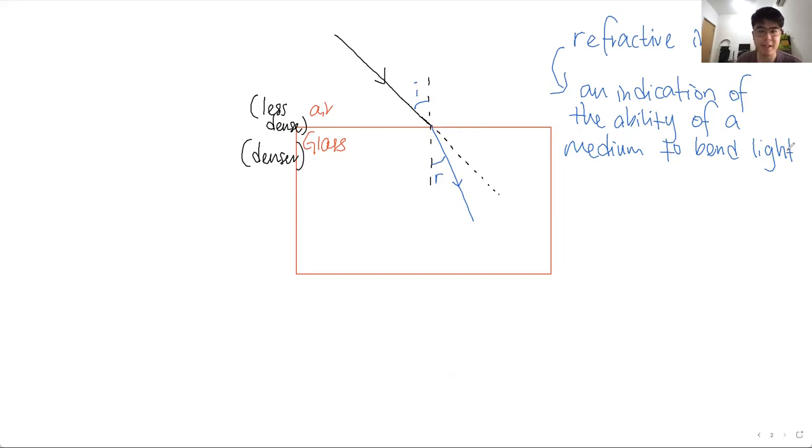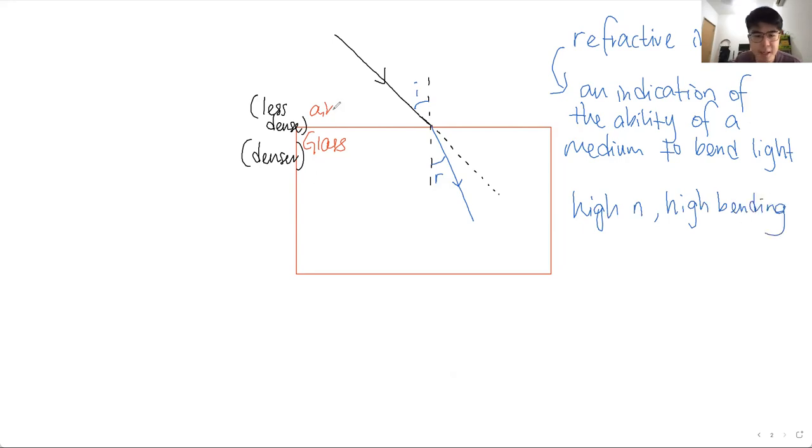For example, if I say the refractive index of glass, it is a measurement or an indication of the ability of the glass to bend the light. The higher the refractive index, the higher the bending. So here I write: high n, high bending.